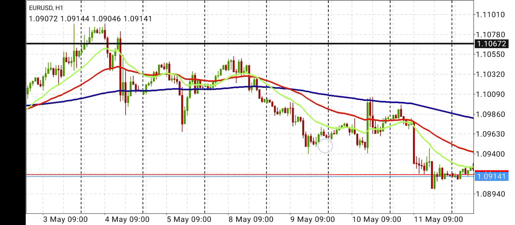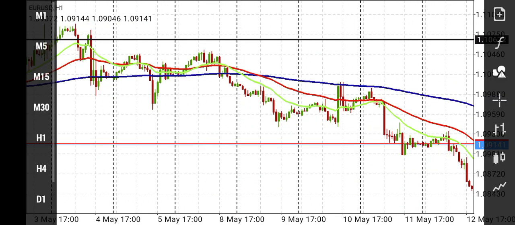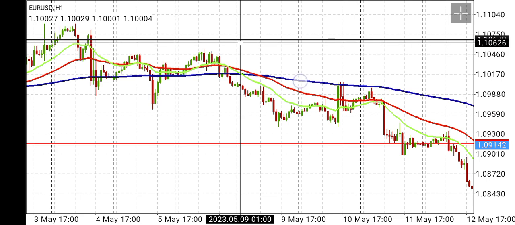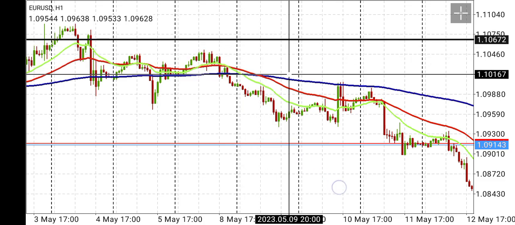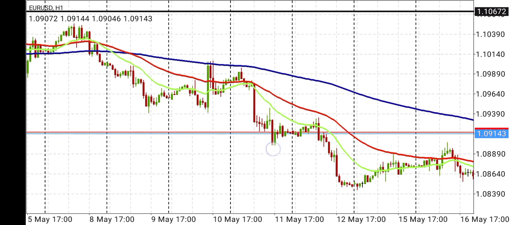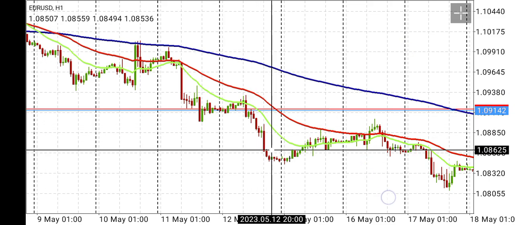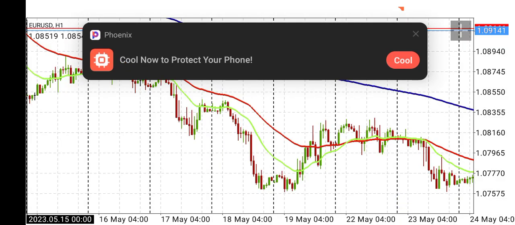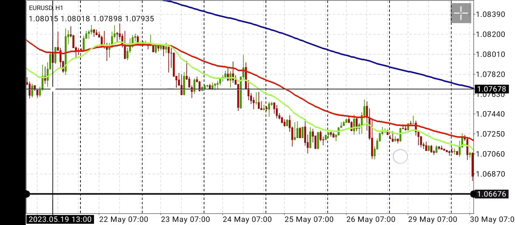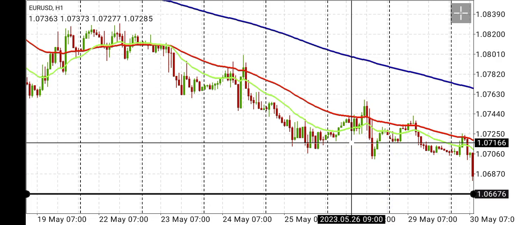You can see how it was selling from 1.10658. It kept on selling till it started ranging here. Let's assume we left the market at this point. We took almost 300 pips from the market.